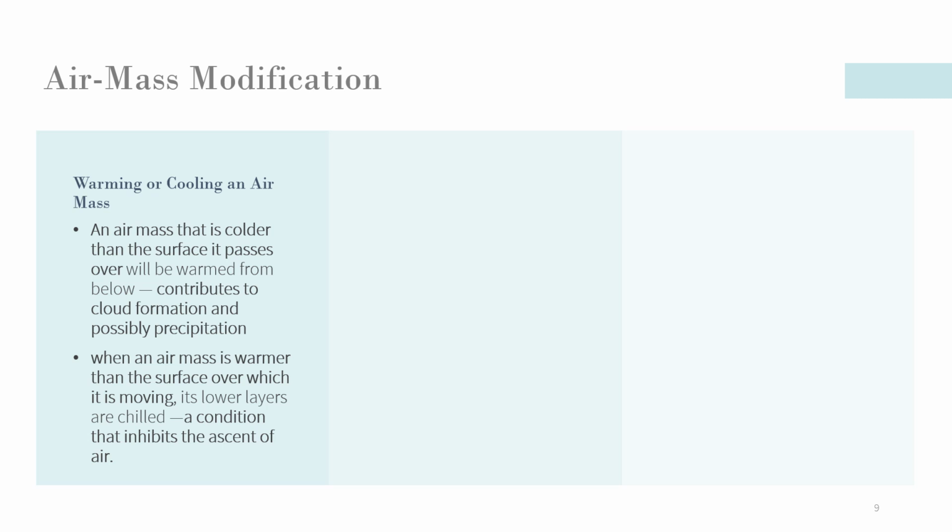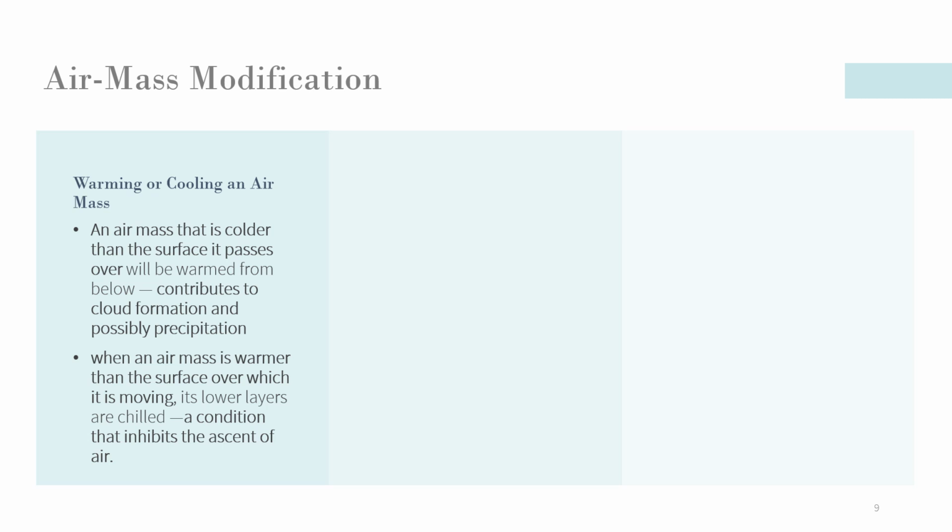So in these cases, this fact causes greater instability. For example, when there is a colder air mass over the surface that it passes, this instability favors the ascent of the heated lower layers, and the opposite is the cooling of air from below, when the air mass is warmer than the surface over which it is moving.